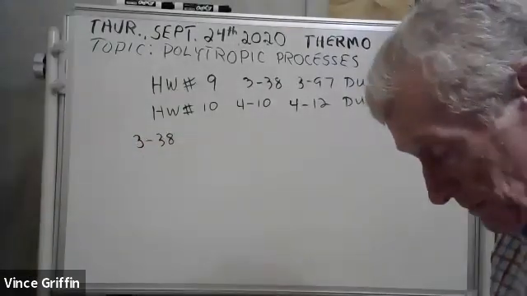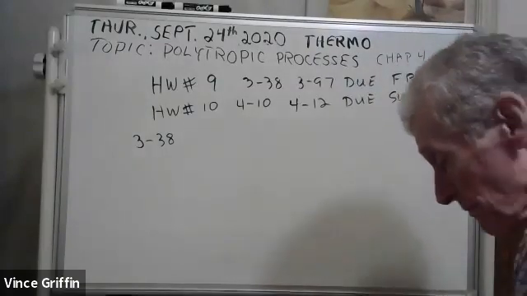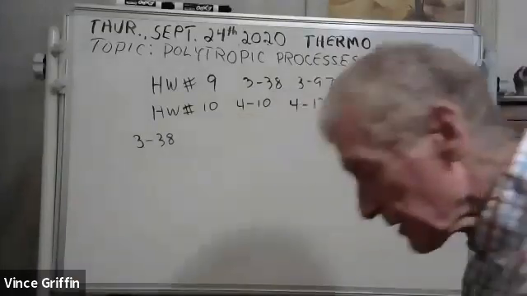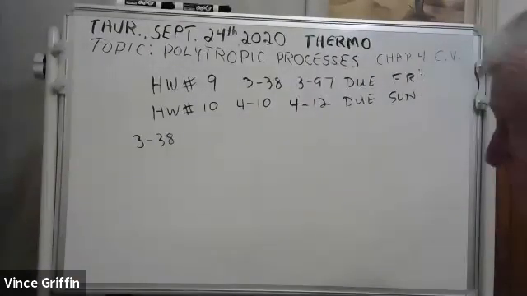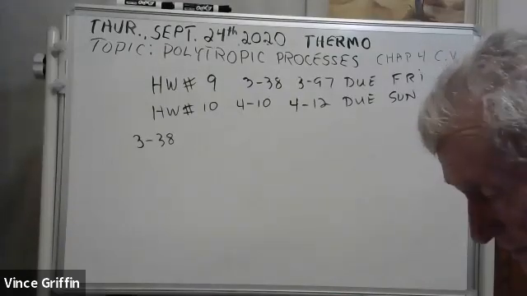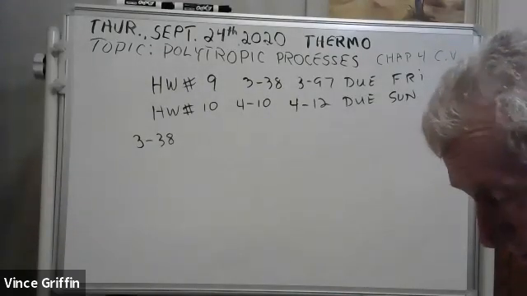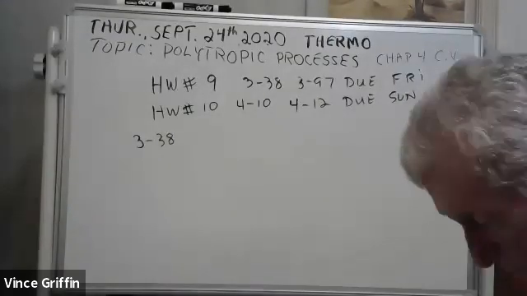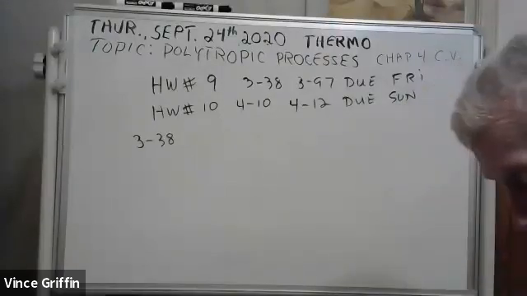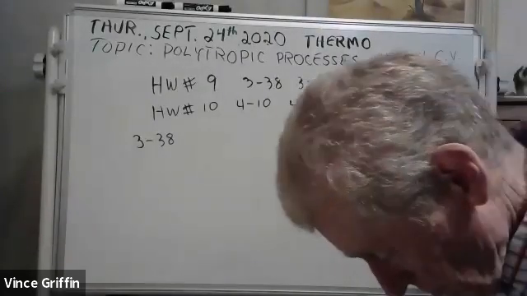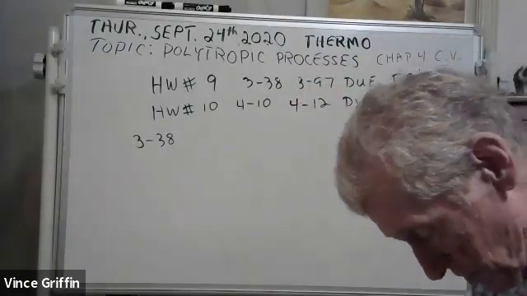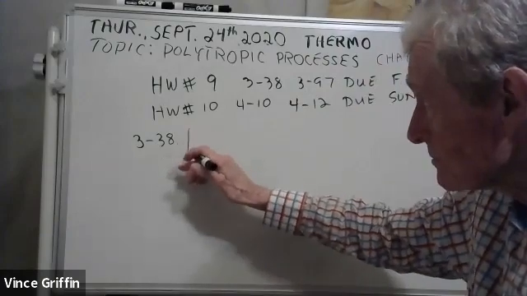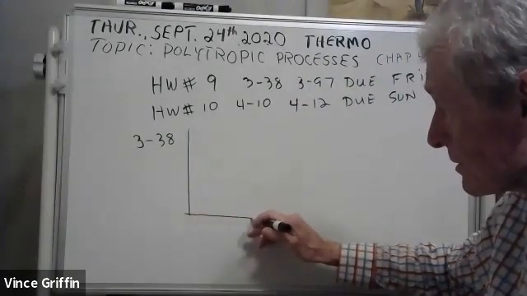Okay, well, let me find it. Let me dig around and find 3-38. Says here 3-38. Helium gas expands in a polytropic process. And so your PV diagram is going to look like this.